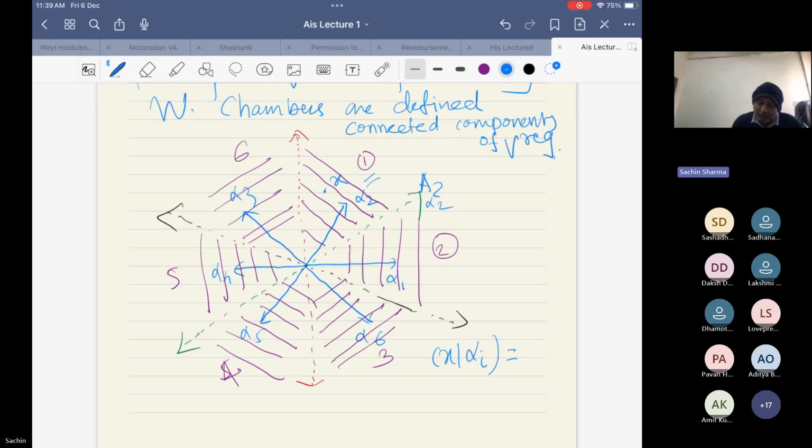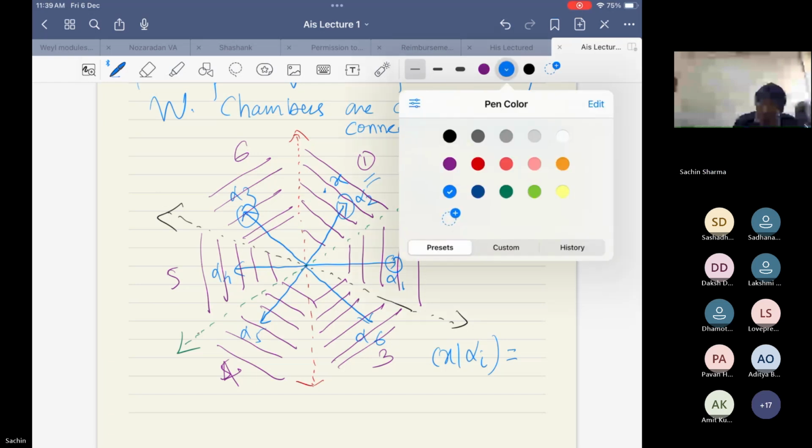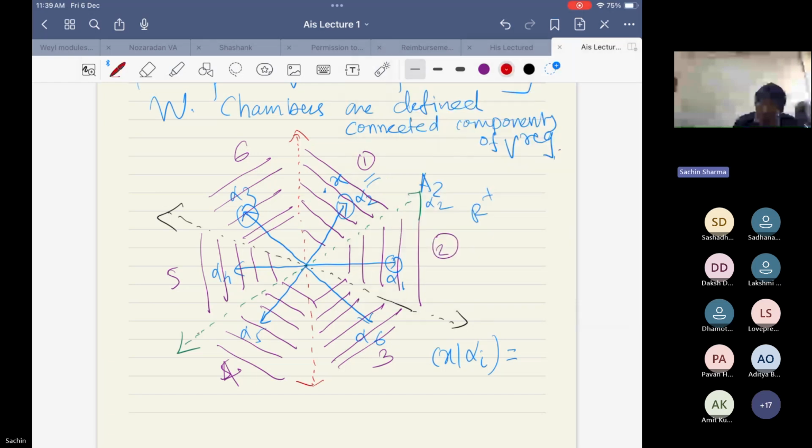So you will see that this member and this member are in R plus, and this member and this member are in R minus.